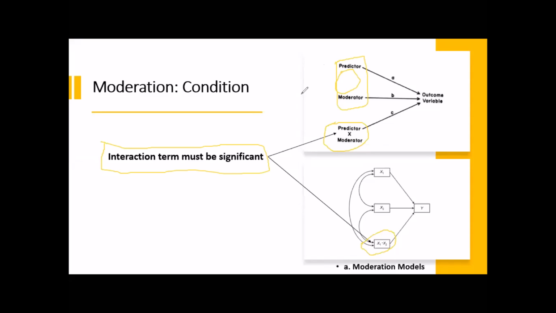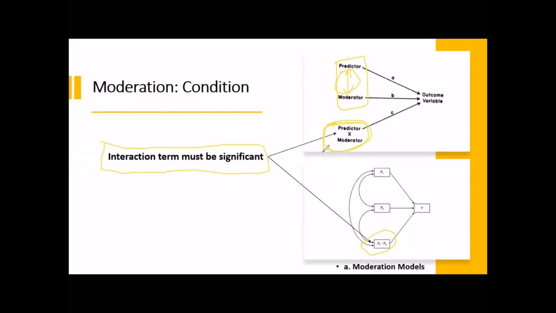So if you have to differentiate between a mediator and the moderator, first of all, the moderator and predictor should have no significant relationship with each other. Just like if I draw an arrow here, this relationship should not be significant. And the other condition is that the interaction effect, this predictor multiplied by moderator, which is called interaction term or interaction effect, should be significant.